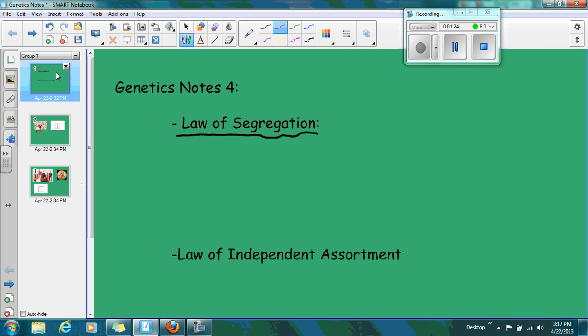The law of segregation states two things. First, an organism inherits, which means it gets, two copies of each gene.